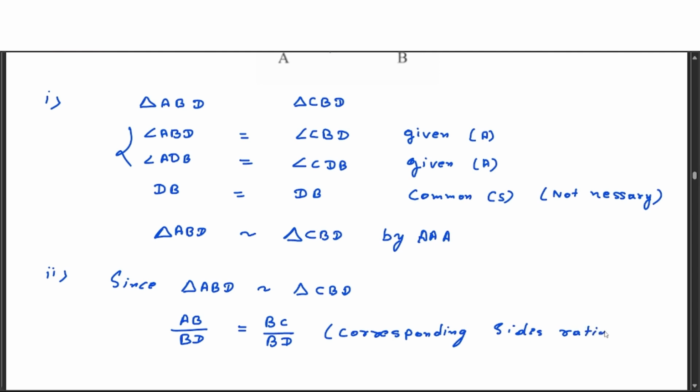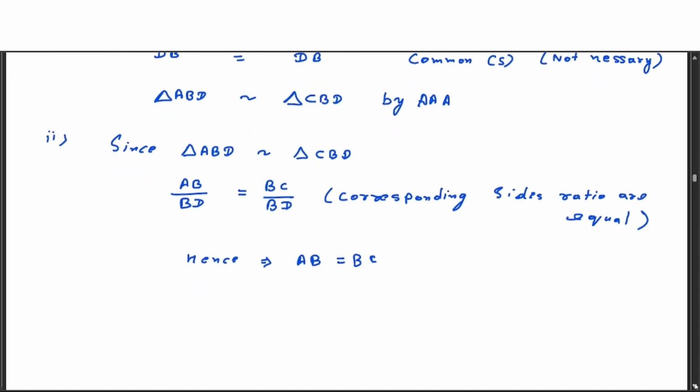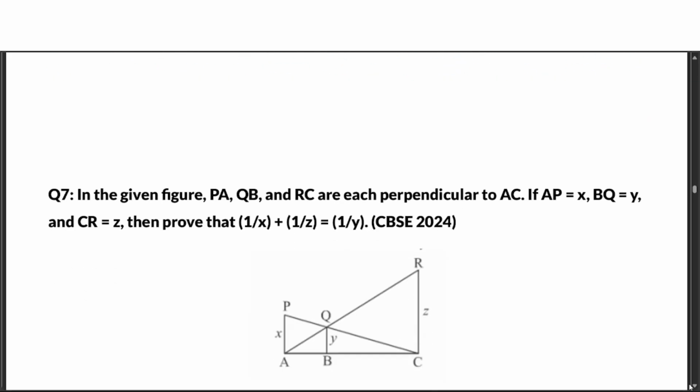Hence, we can say therefore AB is equal to BC. Hope you have got it. This is a very easy type of question in 2024. Now coming to the next question.